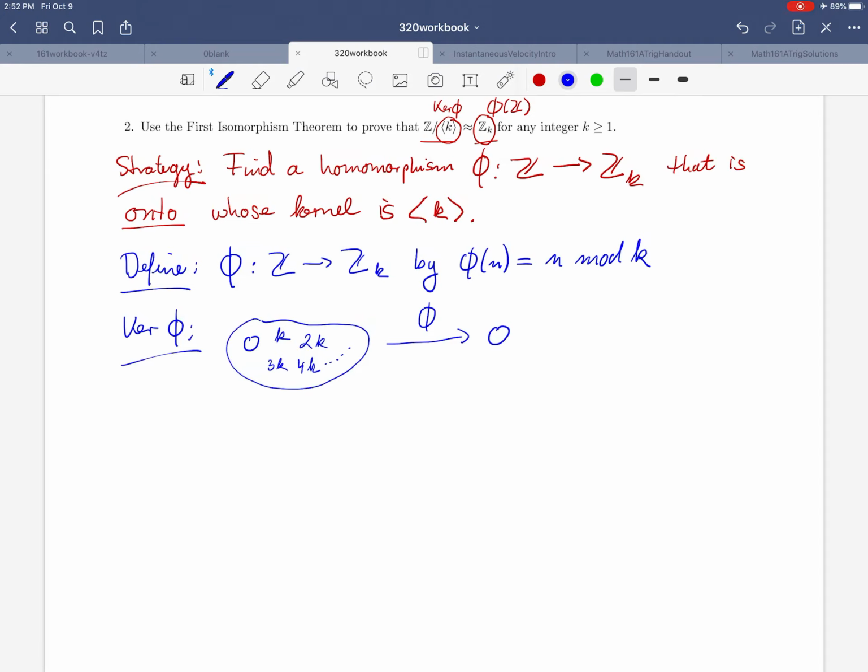Okay. Now, we need to show that this map phi is a homomorphism. Okay, so how do you show that it's a homomorphism?